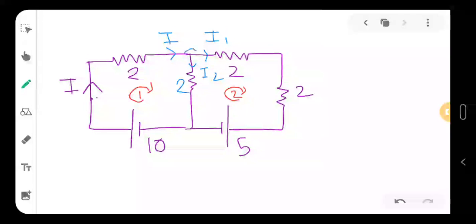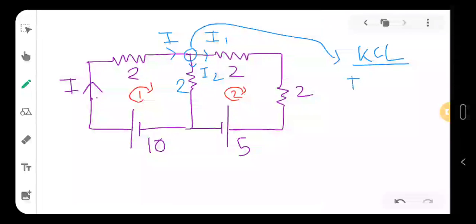For this point I can write the equation by KCL, the Kirchhoff current law, as I minus I1 minus I2 is equal to 0. That means I is equal to I1 plus I2. I have one equation here.